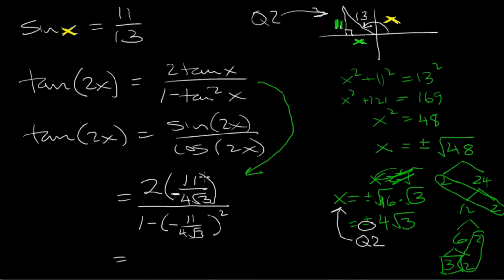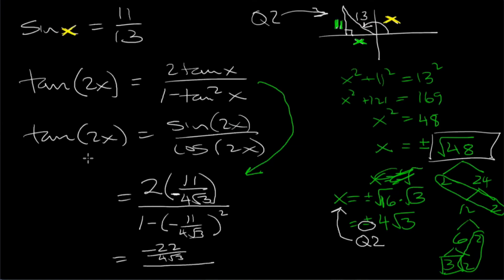So then when we calculate this out, I'm going to end up with negative 22 over 4 root 3 in the top. In the bottom, well, I know 4 root 3 is actually the square root of 48. So it turns out that simplifying this, I want you guys to note here, I simplified it to remind you how to do it. But in many of these problems, it's actually more expedient to stop here, because it's way easier to square that.